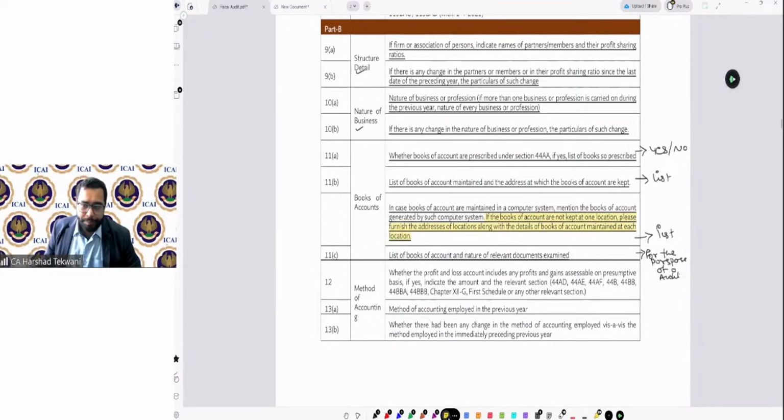Now, one question. What if your books of accounts are stored on cloud? Which address will you mention? If you are using, let's say, a cloud-based software where all of your books of accounts are on the cloud, then which address or location will you mention over here? Come on, guys, quickly.